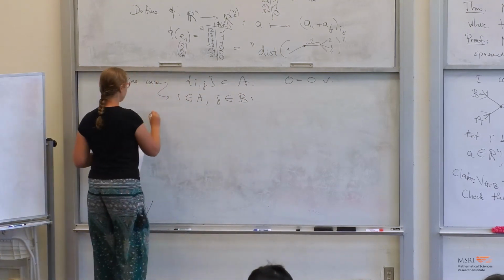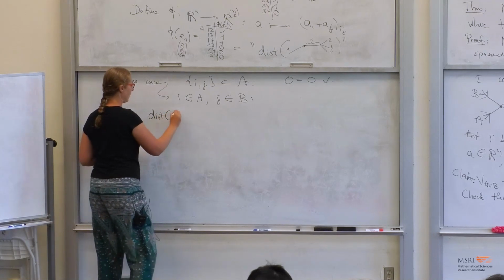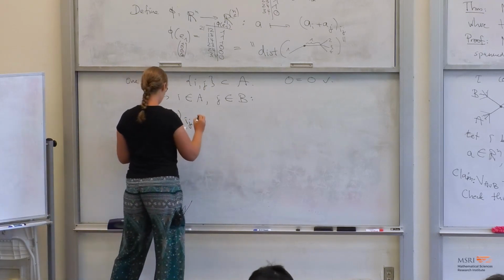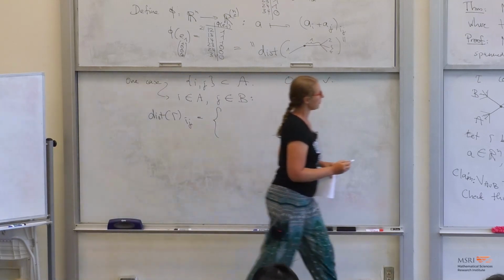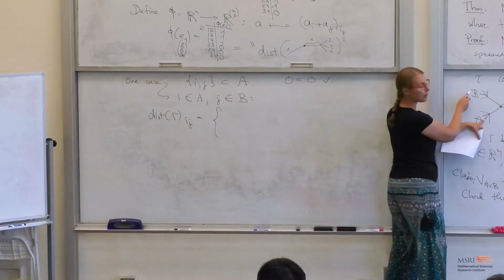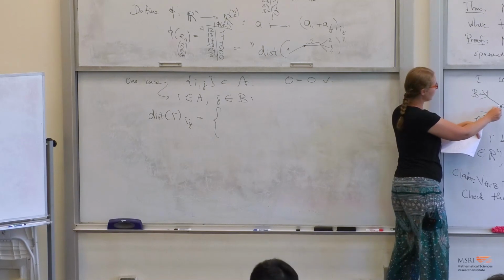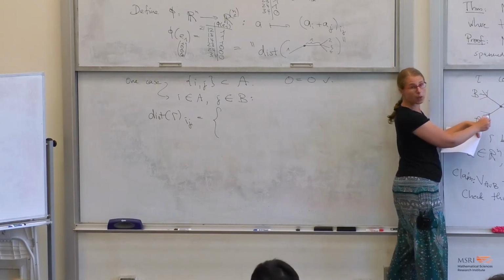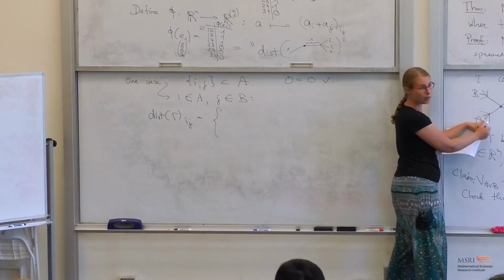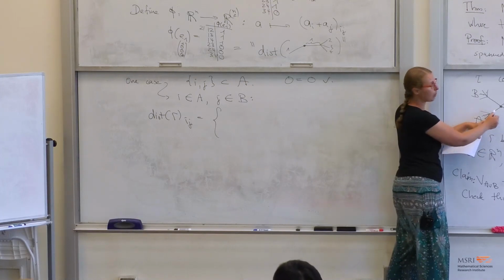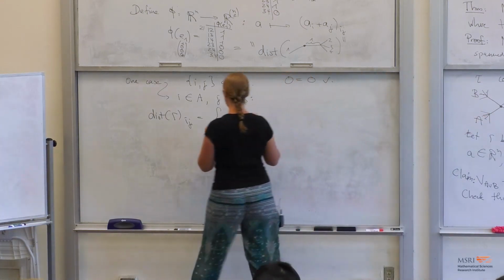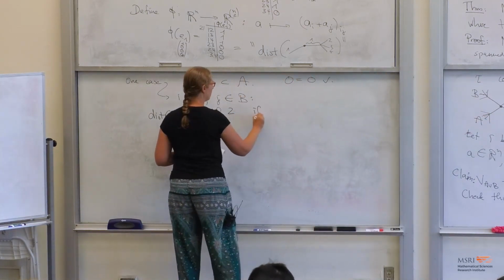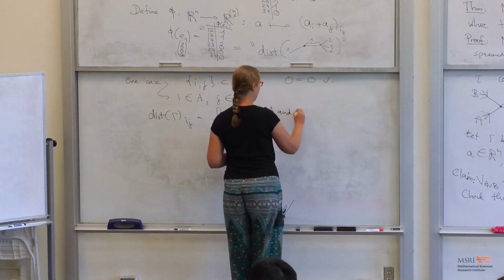Then what is the distance in gamma of ij? So i is somewhere here, j is somewhere here. We have to cross over those two edges. The only question is, are those bounded edges or not? If A only consists of the end i, then this is not a bounded edge. Then I have just one edge, right? So this is going to be 2 if both A and B have more than one end.